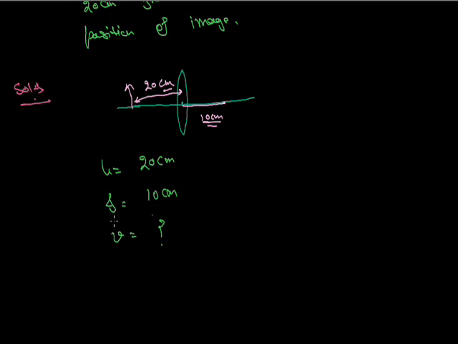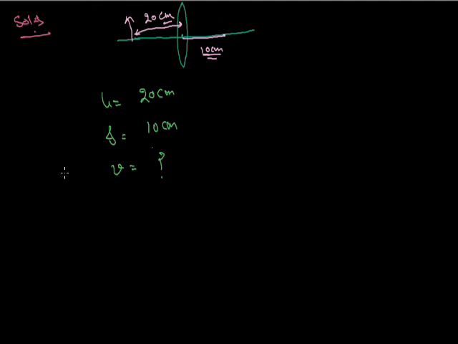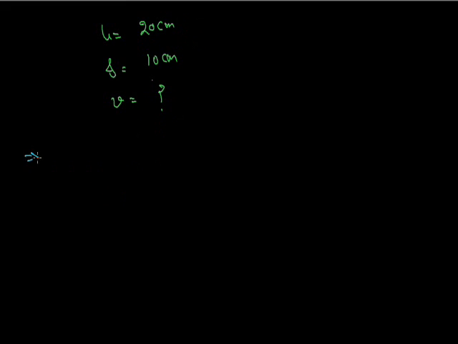If I directly put these values in the formula 1 by f equals 1 by v minus 1 by u, then 1 by 10 is equal to 1 by v minus 20.